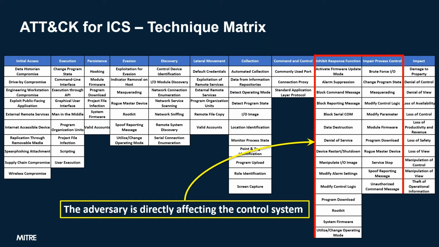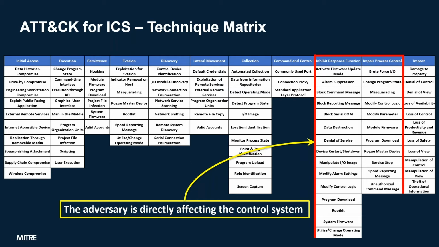Then we have inhibit response function and impair process control, which represent two new tactic areas for ATT&CK. These are really talking about how the adversary directly affects the control system.